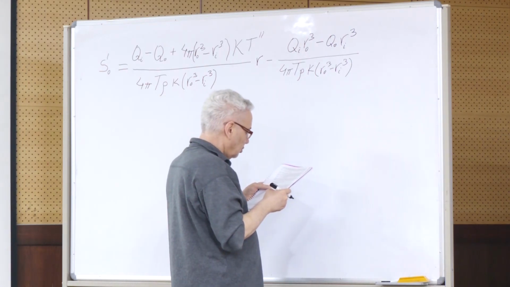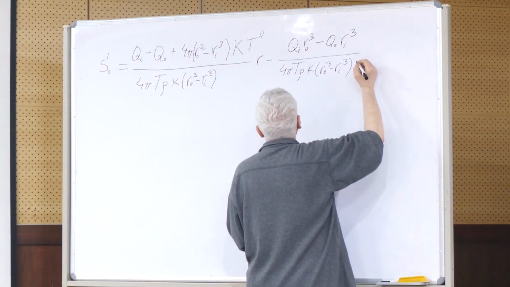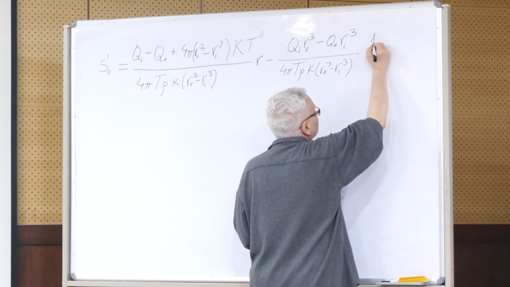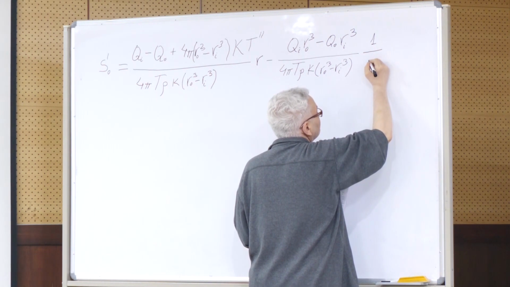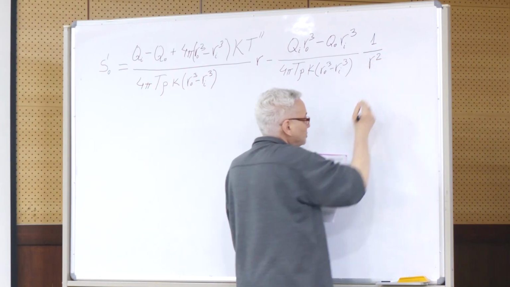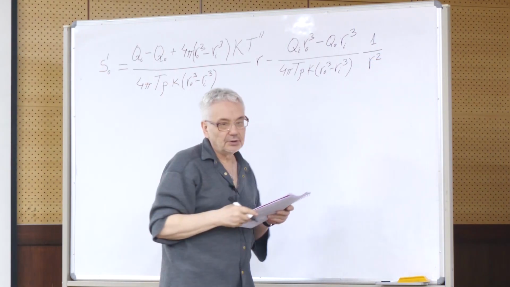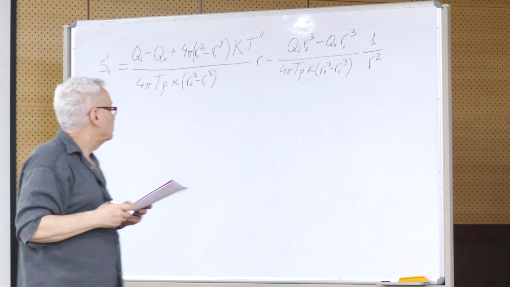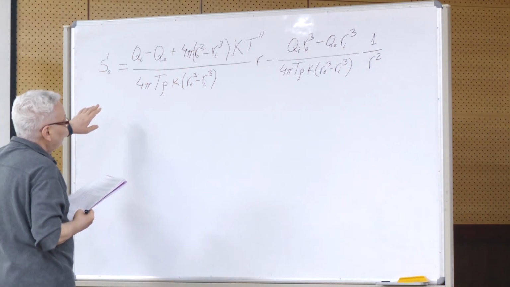And this also acts like, okay, let's write it in a slightly different way than in that notation, inverse R squared. So this is the major source of convective instability.